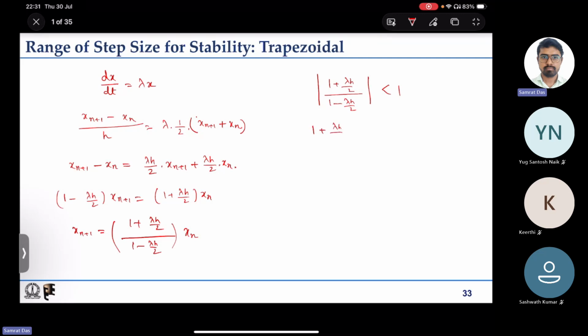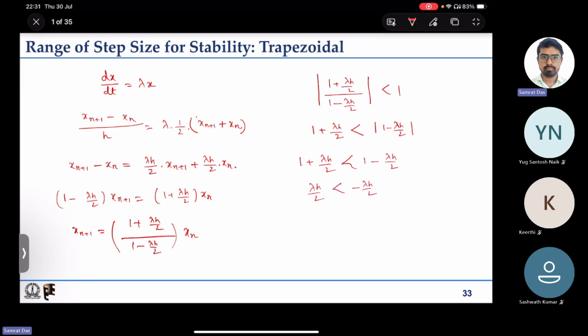So 1 + λh/2, it's always positive no matter what, so it has to be less than the modulus of 1 − λh/2, right? So let us take this case, let us assume it to be positive only. Now we have λh/2 less than −λh/2.